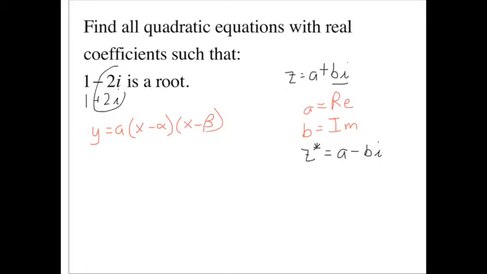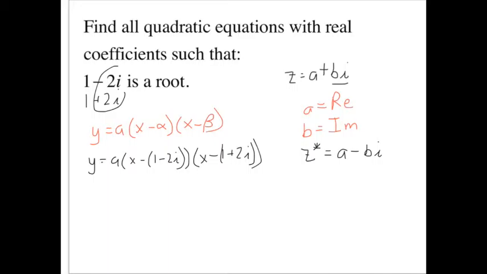So with that information, I can go y equals a times x minus the first root, which is 1 minus 2i, times x minus beta, which is 1 plus 2i.